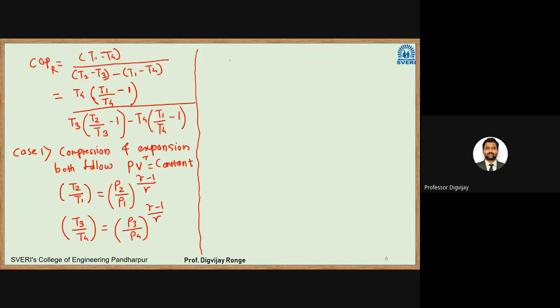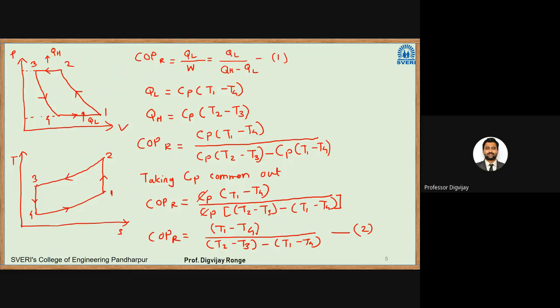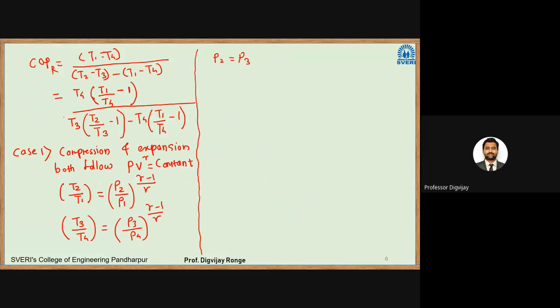Now see here, from the diagram we can say P2 is equal to P3. How? I'll show you. We have this Bell-Coleman cycle here. In this we can see the pressure at point 2 is equal to pressure at point 3, because this is a constant pressure process, so that pressure will remain constant. Similarly, pressure at point 1 is equal to pressure at point 4, because that is also a constant pressure process.